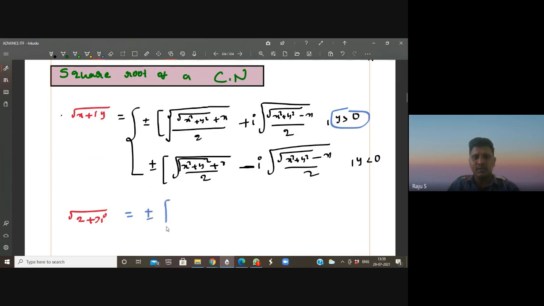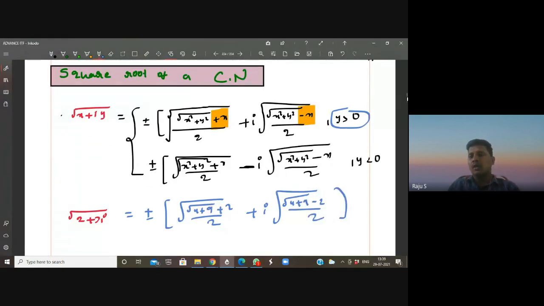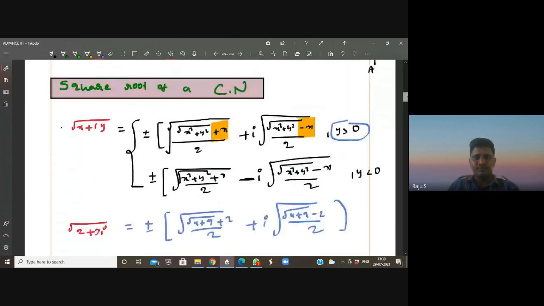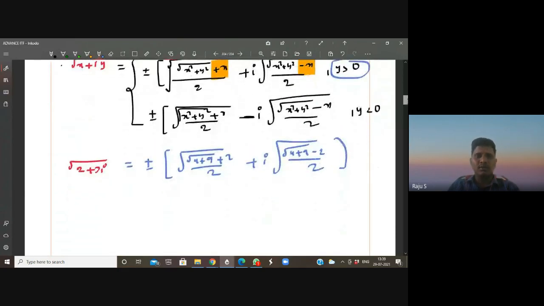Substitute plus or minus [square root of (square root of 2 square plus 3 square, that is 9 plus 4, plus 2) all divided by 2, plus iota times square root of the same value, but with minus x instead of plus x]. Remaining everything is the same. So this is equal to plus or minus [square root of (square root of 13 plus 2) by 2, plus iota times square root of (square root of 13 minus 2) by 2]. This is the answer. All of you remember this formula.